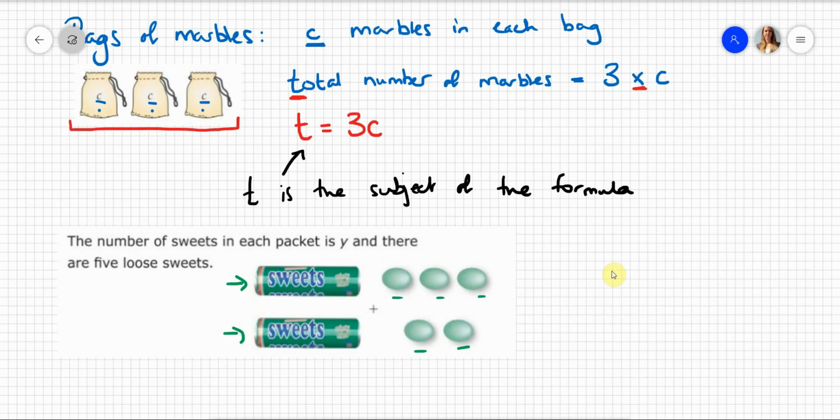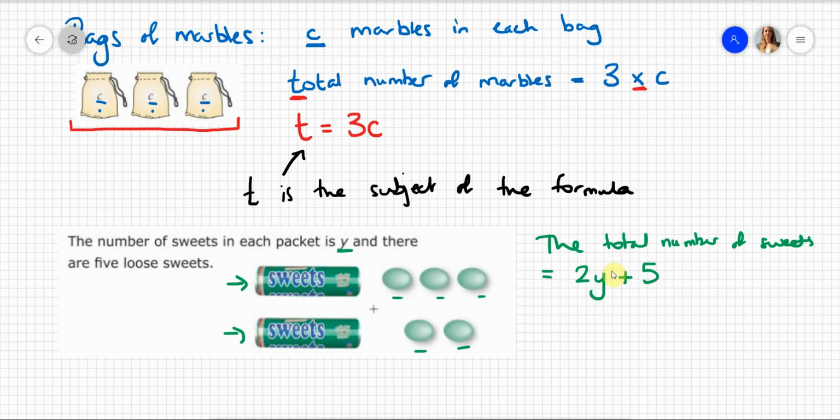How could we write a formula for the number of sweets in total? The total number of sweets is equal to 2 packets, and each packet has Y, plus the loose sweets, which is 5.